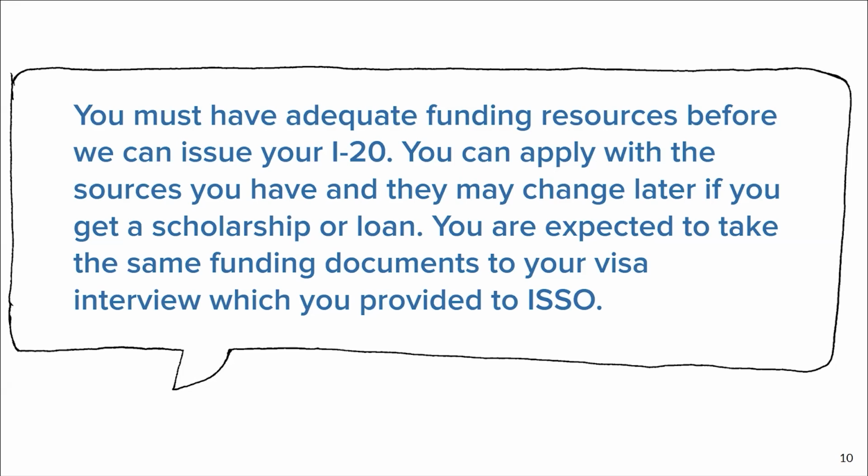You can apply for your I-20 now with your family funding, receive your I-20, make your appointment with the US consulate or embassy, get that F1 visa, enter the US. And then if that scholarship goes through, fantastic. You can use that scholarship funding for your program. The I-20 is not a contract in regards to where that funding comes from if it does adjust or change during your program.